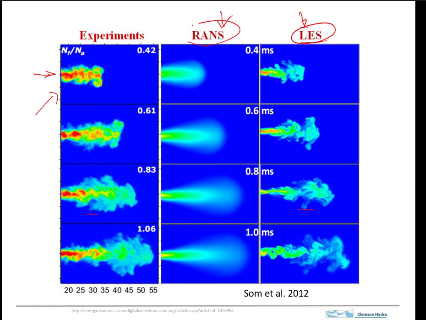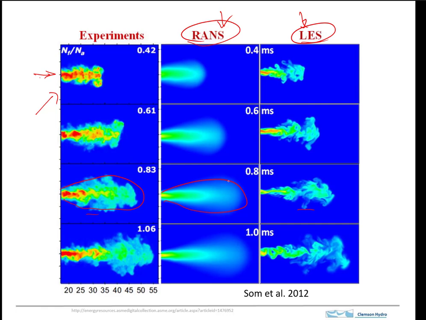But this RANS, Reynolds average Navier-Stokes, shows that these velocity plumes are similar in shape, and the colors, the intensity of the velocity magnitudes, are similar.